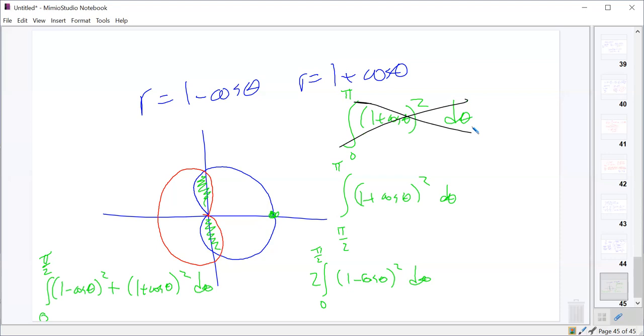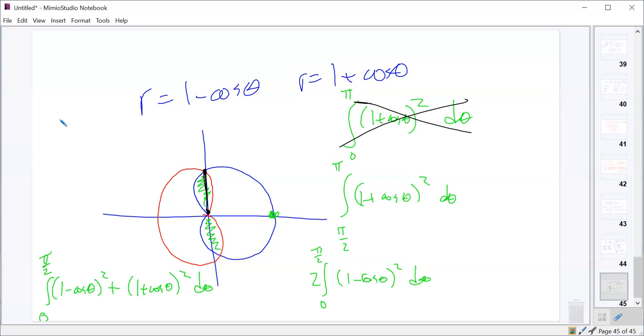The next one is pi over 2 to pi of (1 plus cosine theta) squared. Well, pi over 2 on 1 plus cosine theta should be starting us right here, and then going to pi should bring us down to here. So that should be half of this little piece up here, right?